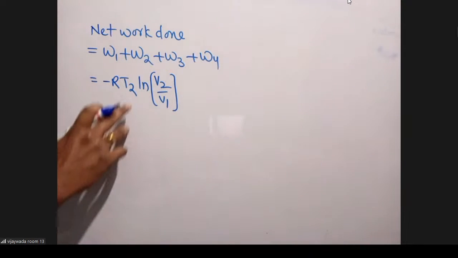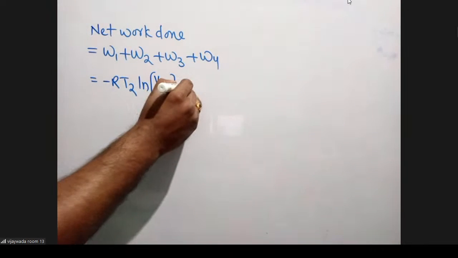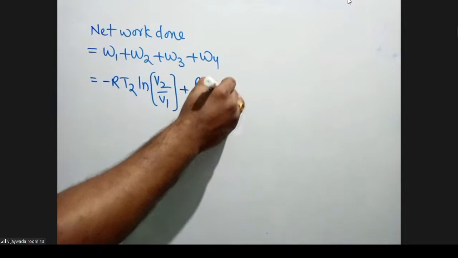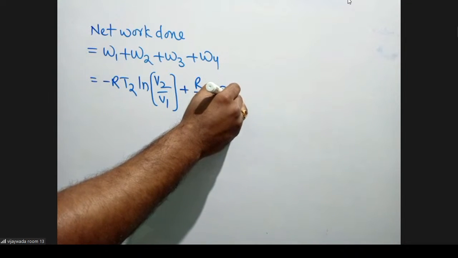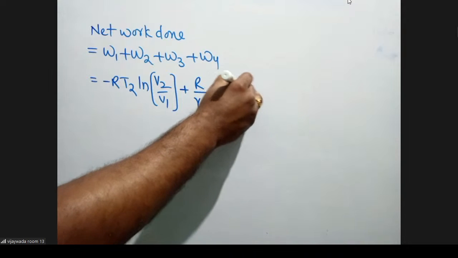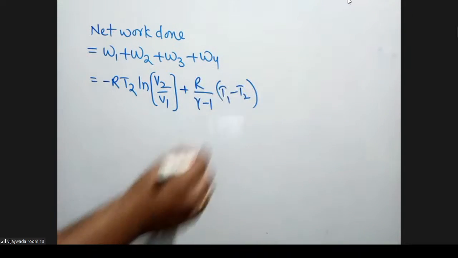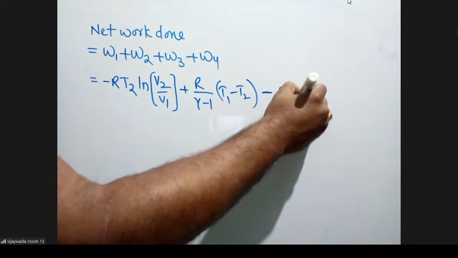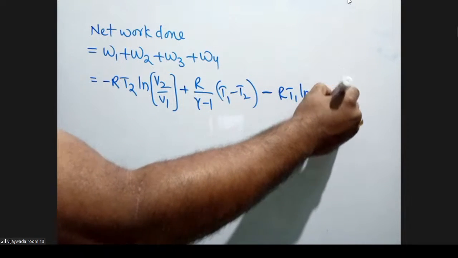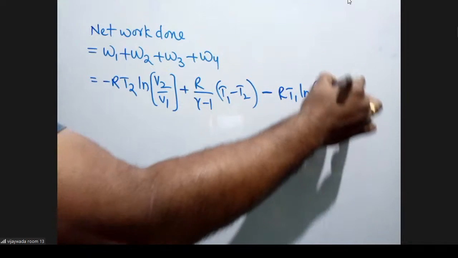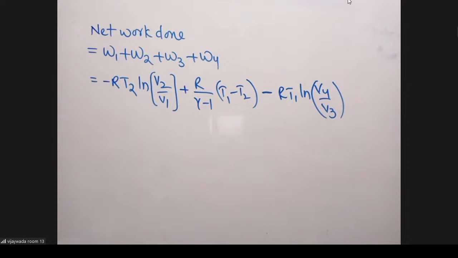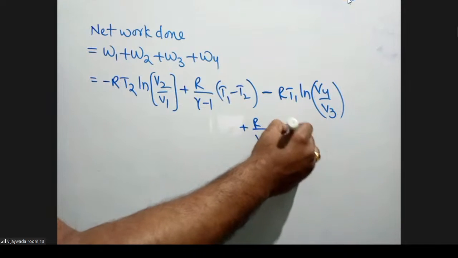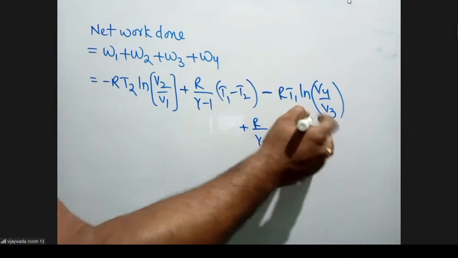Students, change it, it is RT2. W2 is R by gamma minus 1 into T1 minus T2, plus W3 is minus RT1 ln V4 by V3, plus W4 is R by gamma minus 1 into T2 minus T1.